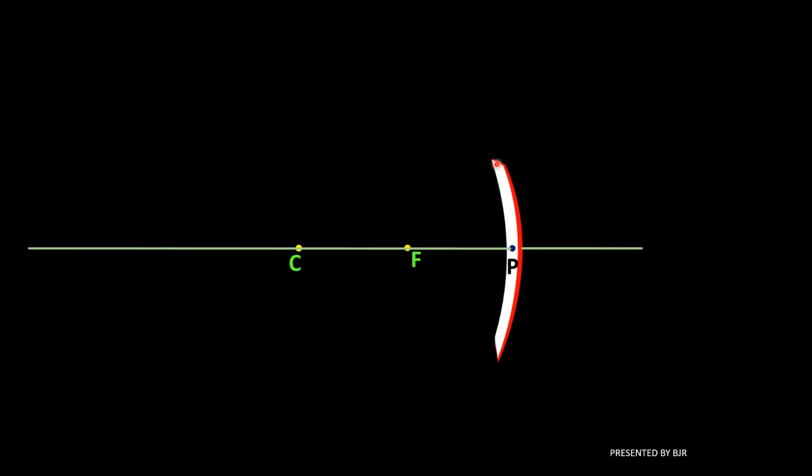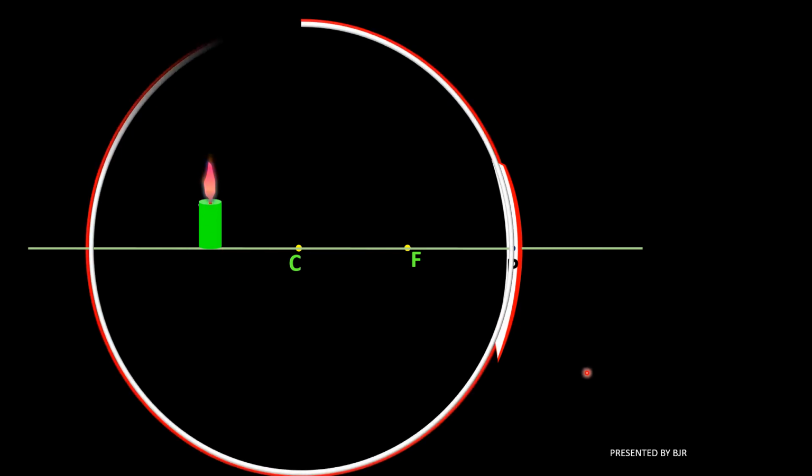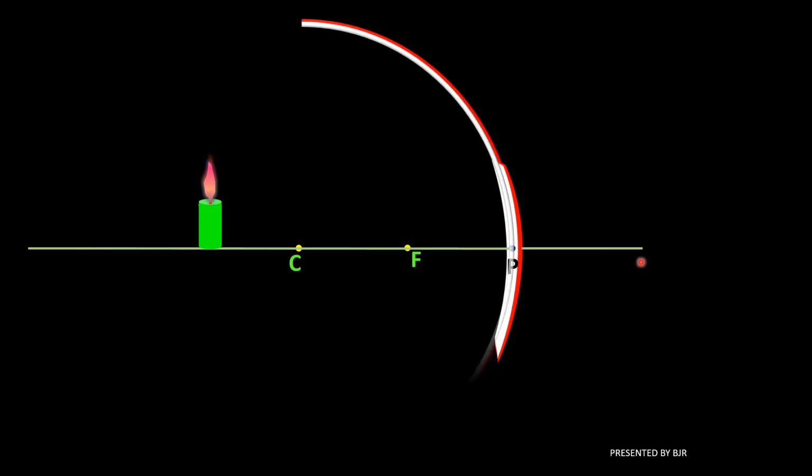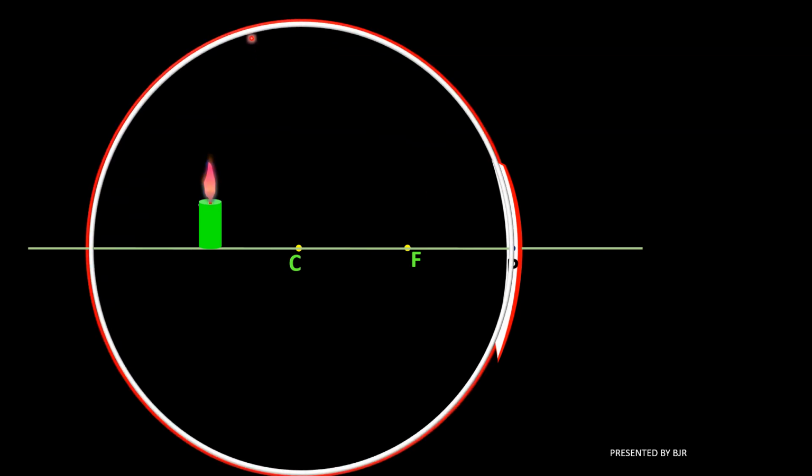So I am just completing the whole circle like this. Here is a candle, that is the object. So here I have just completed the circle. That means this mirror is a part of this whole sphere. Now you see, this is also a mirror. A part of this is here.